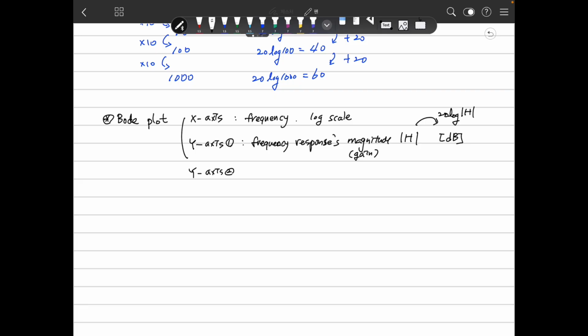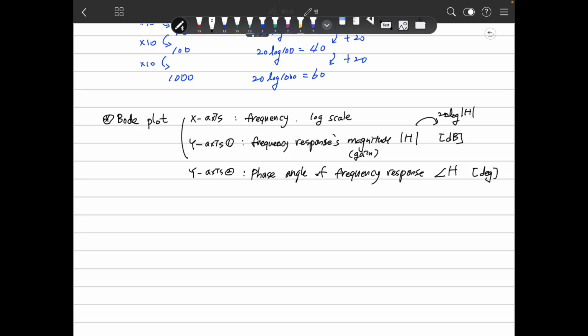And second, the y-axis is the phase angle of the frequency response. The unit of that is degrees.